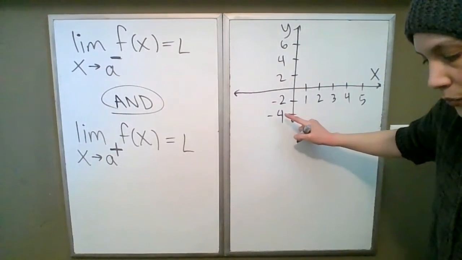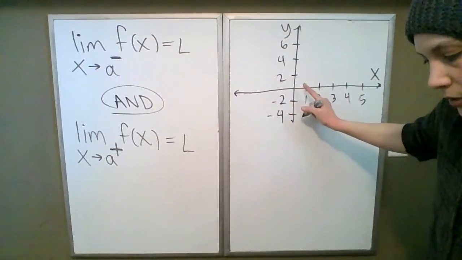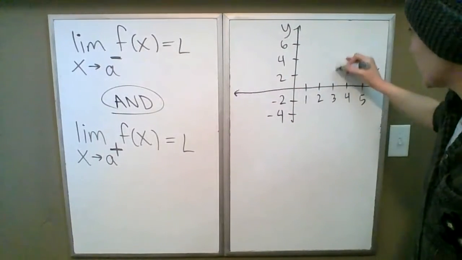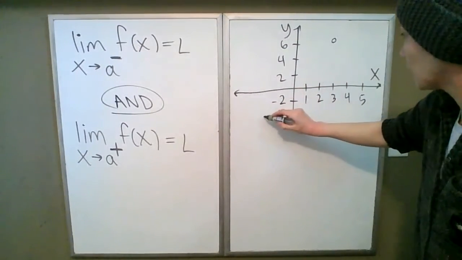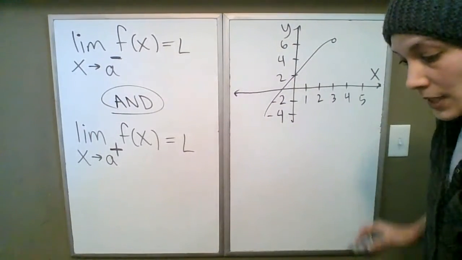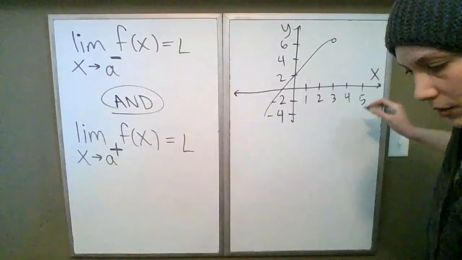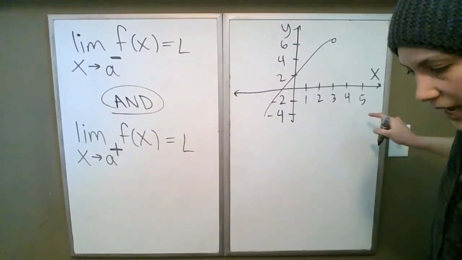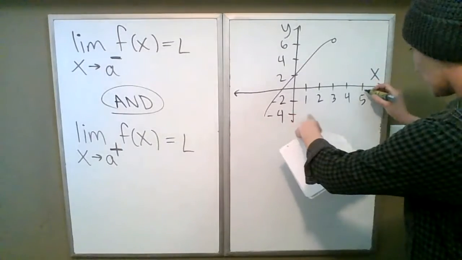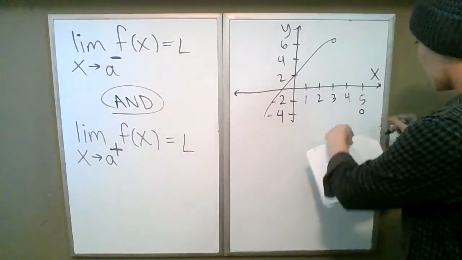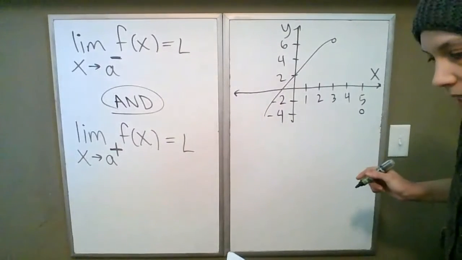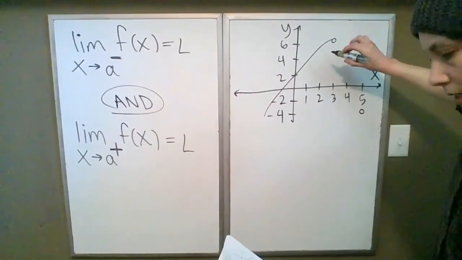The function is going to go through 0, 2 and come over to 3, 6. Then we're going to have an opening, or let's see, a hole at 5, -4. And connect.